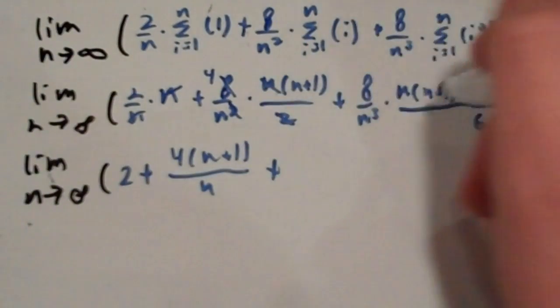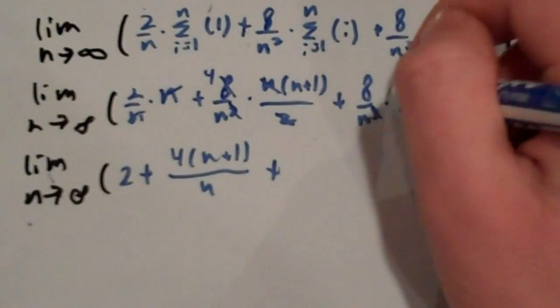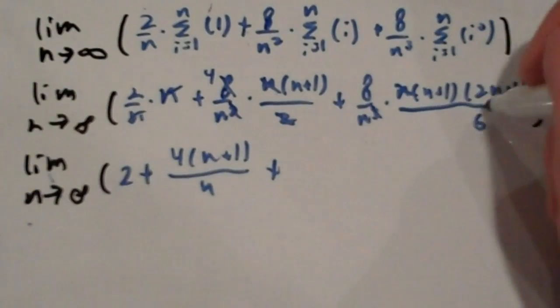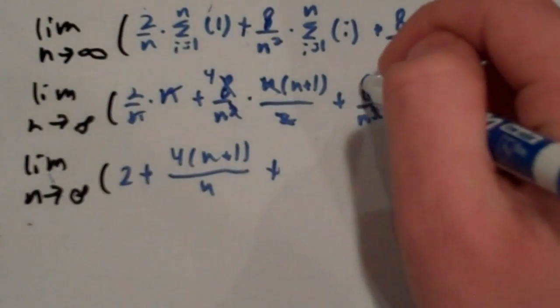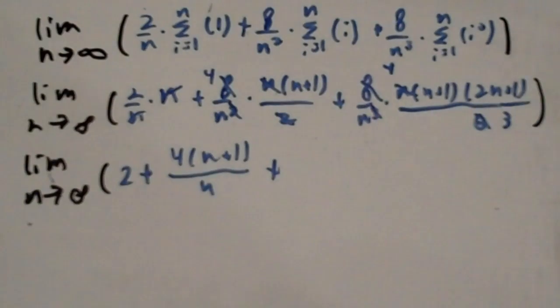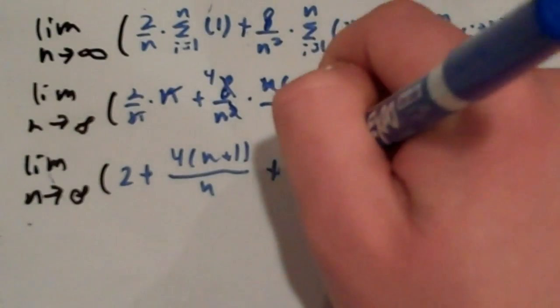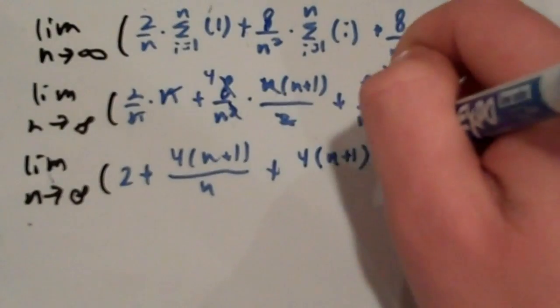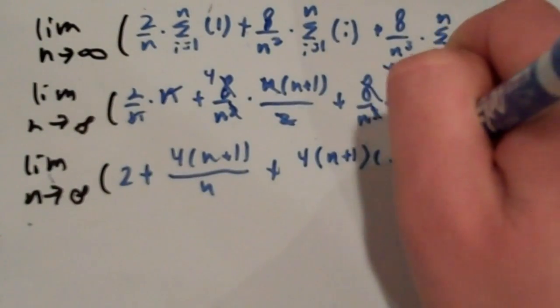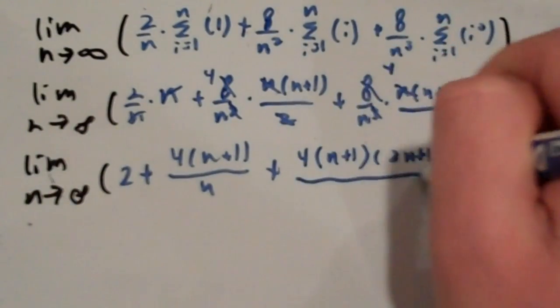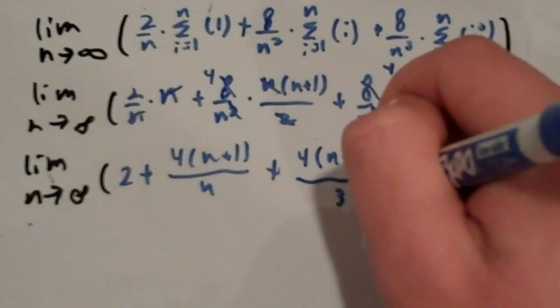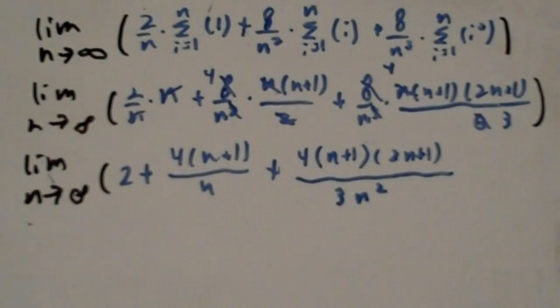And then here, one of these n's cancels, leaving us n squared, and that n cancels. This 6 simplifies to a 3, and this 8 simplifies to a 4, because the 2's cancel. So we now have 4 times n plus 1 times 2n plus 1, all over 3n squared.